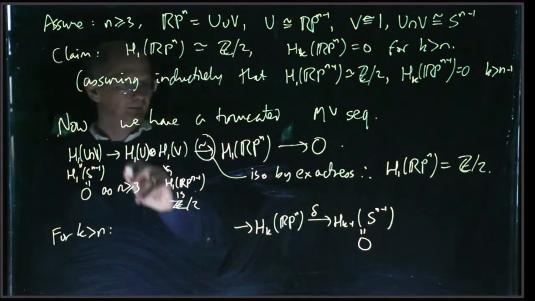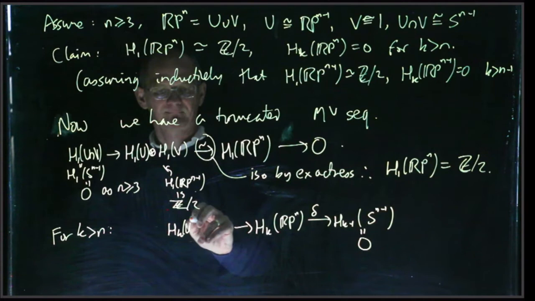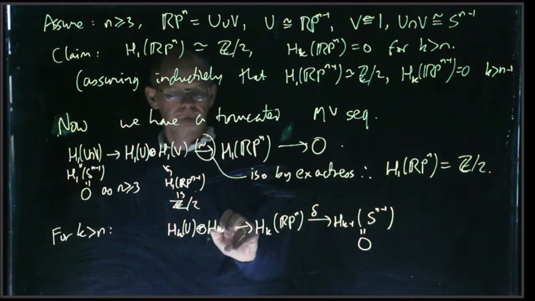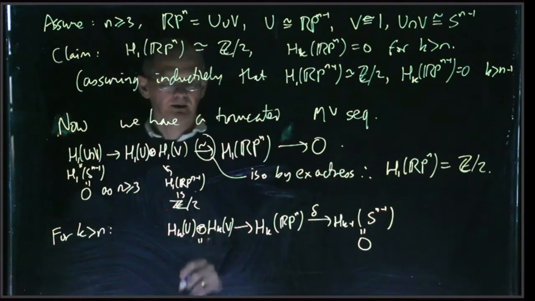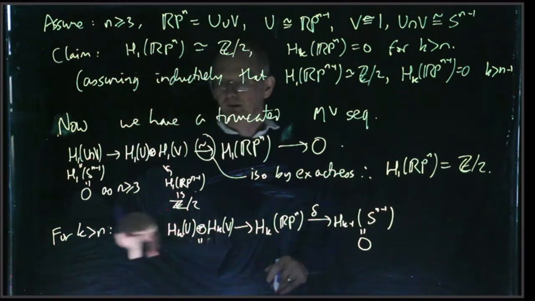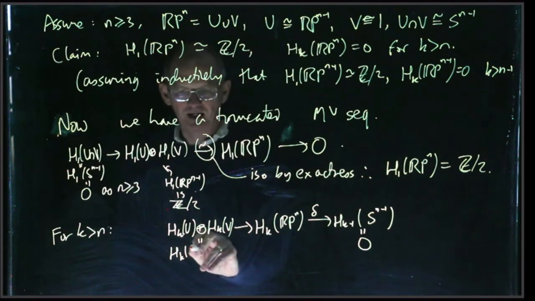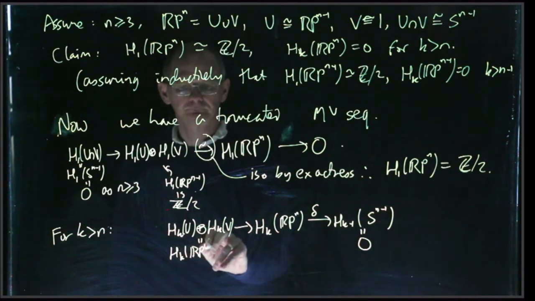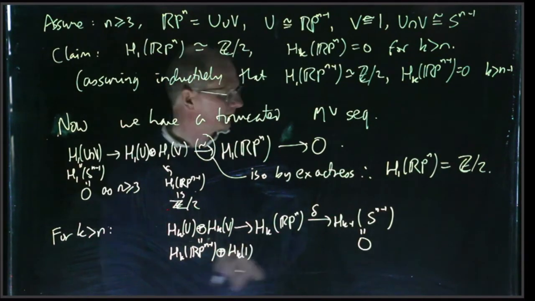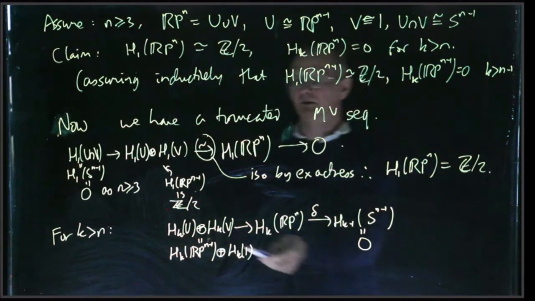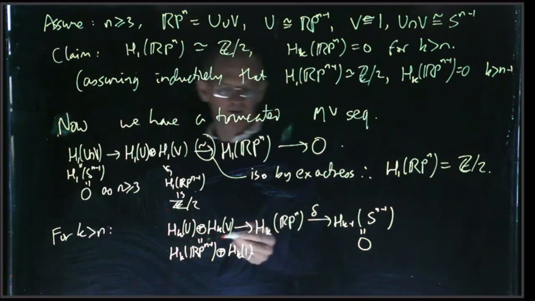Then coming in from here, you've got your Hk U plus Hk V, which is Hk of RPn minus 1 and Hk of a point, because U is homotopy equivalent to RPn minus 1, and V is equivalent to a point.